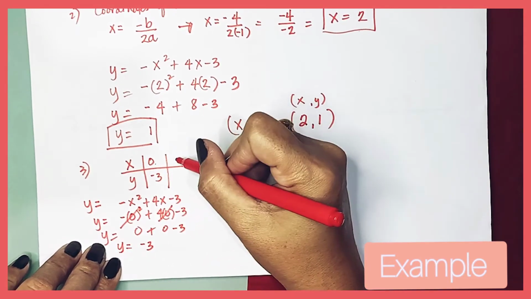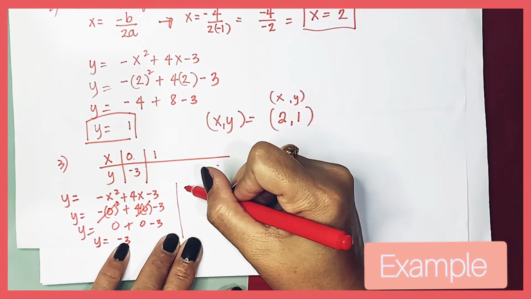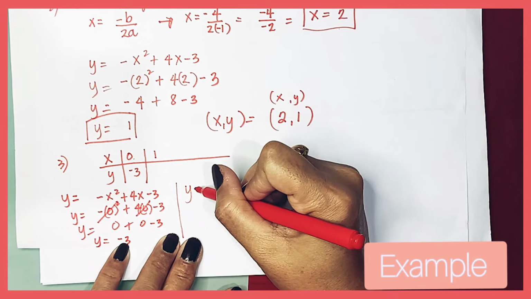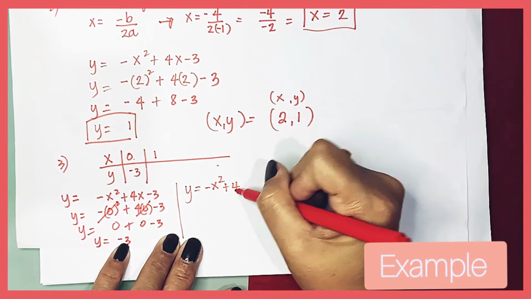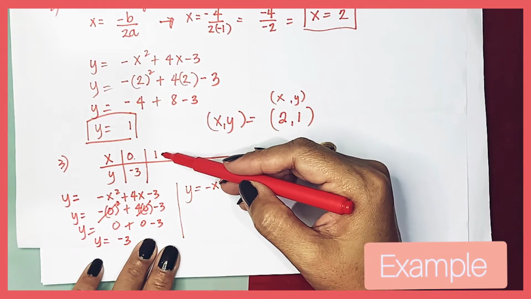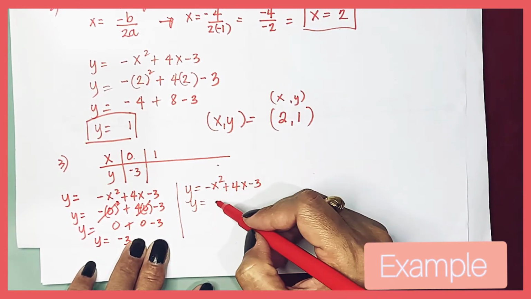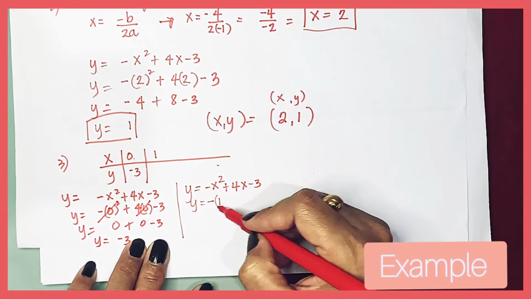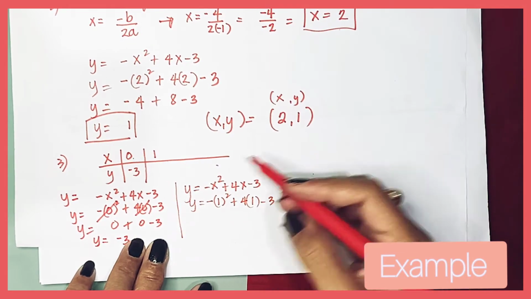Next, what if our x is 1? Using the same given equation, you have y is equal to negative x squared plus 4x minus 3 if x is equal to 1. So substitute the value of x, which is 1. You have negative 1 squared plus 4 times 1 minus 3.